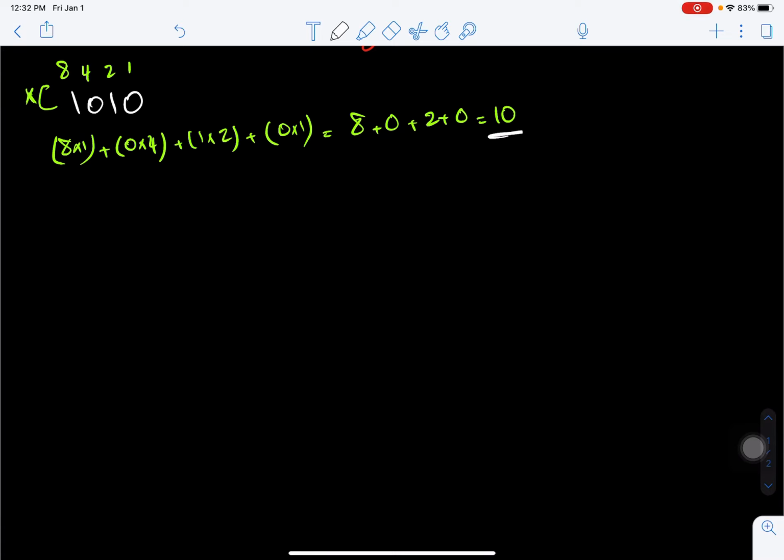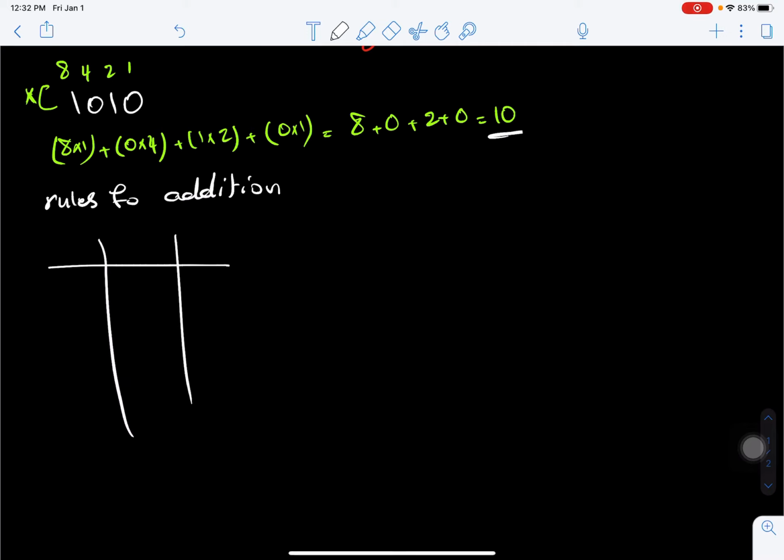So the rules for addition are these. I'm going to put the table for you guys. So I'm going to put the addition, and this is equal. If you have 0 and 0, when you're adding them, it's pretty simple, it's going to be 0. When you have 0 and 1, when you add them together, it's going to be 1.